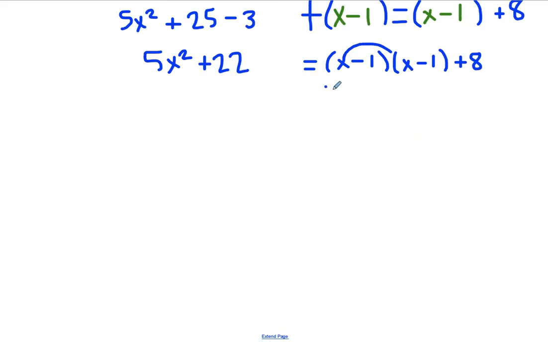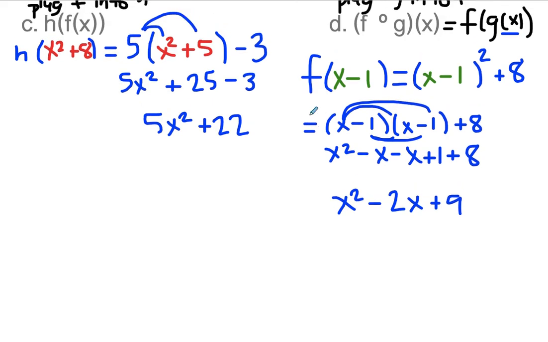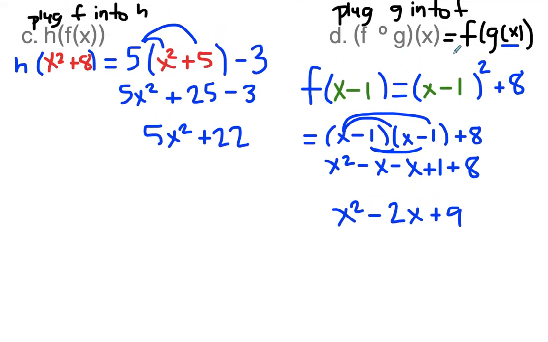So if we double distribute, we get x squared minus x plus 1. And then bring down the plus 8 and combine our like terms. So it's going to be x squared minus 2x plus 9 is our answer for f of g of x.